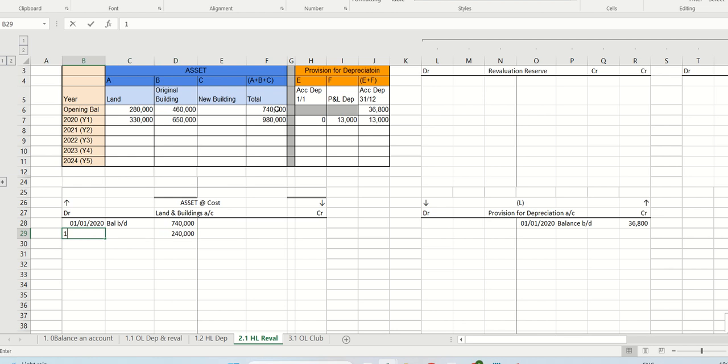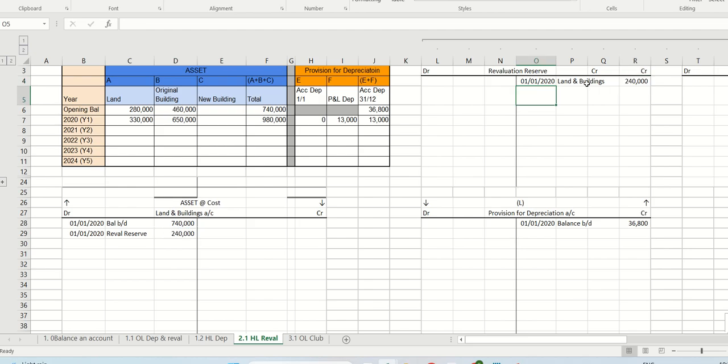And I'm putting that on the 1st of the 1st, 2020 into my revaluation reserve. So you're increasing the value of your asset. So you debit the asset to increase it, and you're going to credit your revaluation reserve with the increased amount. So you increase the value of the asset is the first step.